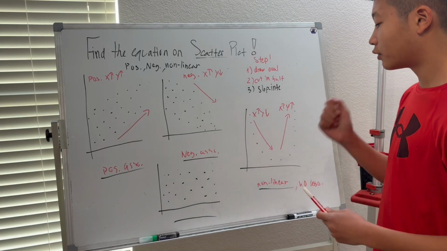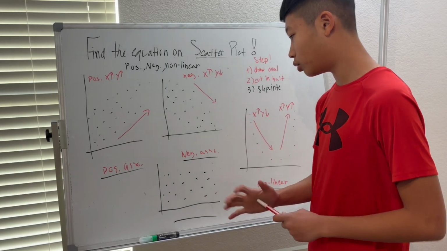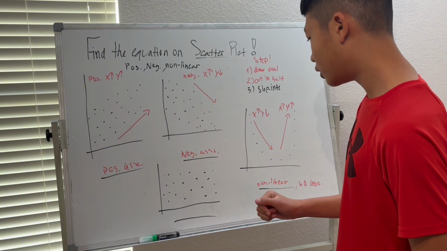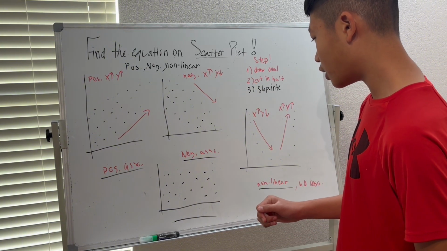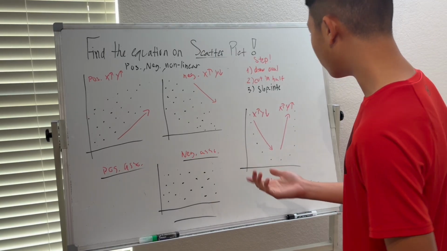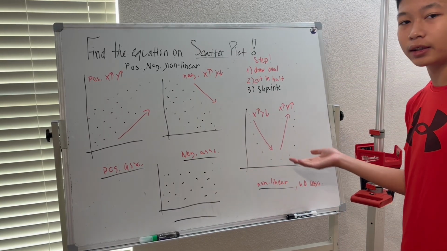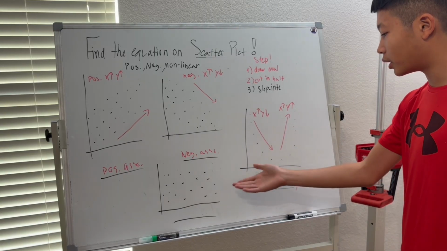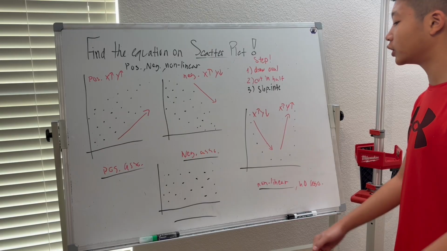But let's focus on the last example, it's right here. So this basically looks like this graph. As x increases, y decreases, but at the same time, x increases, y increases as well.